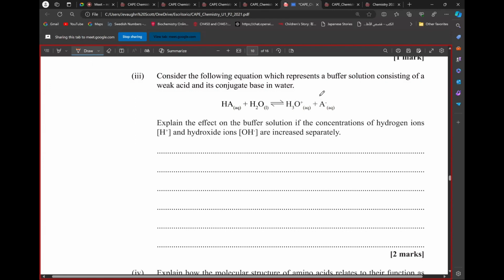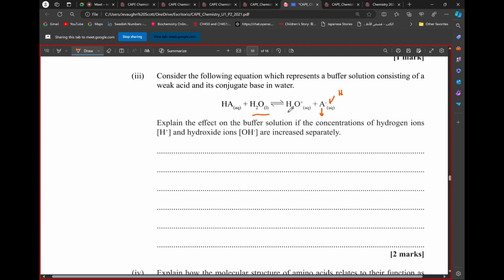When the acid is added, it would react with the base, and when the base is added, it would react with the acid. Alright, so when the acid is added to the base, we're going to have the movement of the equilibrium. When we add it to the base, what we're doing is decreasing the concentration of here, right?